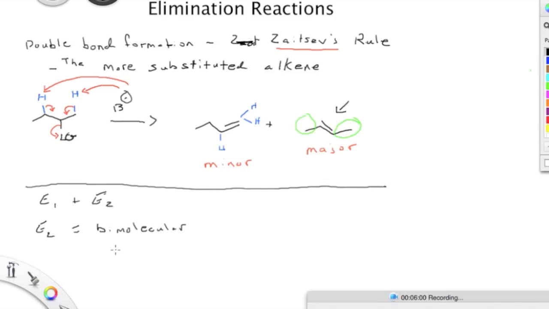So our rate for this would be, just like with substitution reactions, k times, and I'm just going to note RX, or it could just be R and leaving group, whatever that may be, times the concentration of your base.